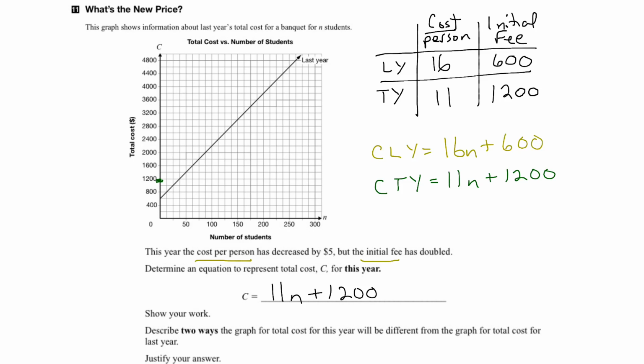So let's pick another point. Let's say 200 students. So I put 200 into n here. 11 times 200 would be 2200 plus 1200 would be 3400. So we come over and write the point 3400 at 200 students would be about there.